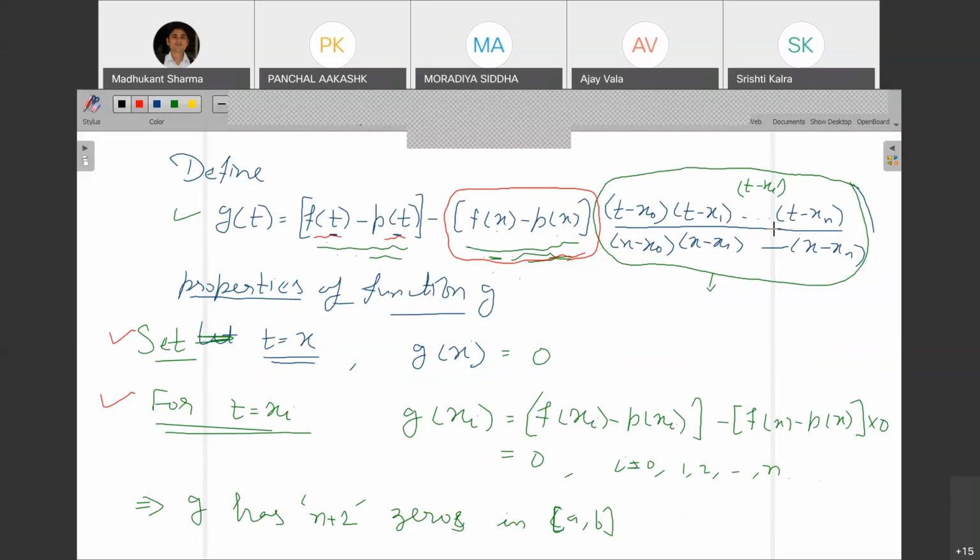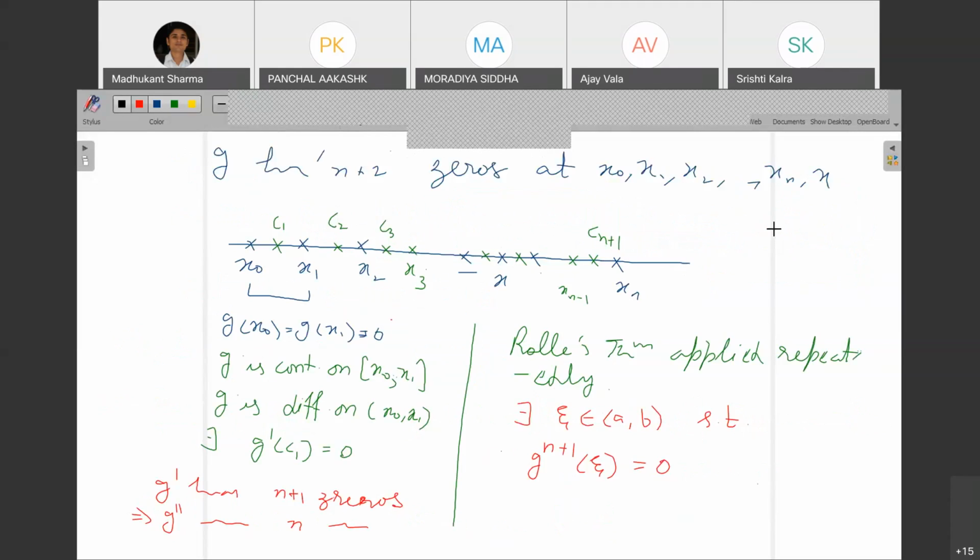So if I go on with this, g n plus 1 at z equals 0 implies f n plus 1th derivative at z minus n plus 1 factorial times f of x minus p of x divided by x minus x naught to x minus xn is equal to 0.